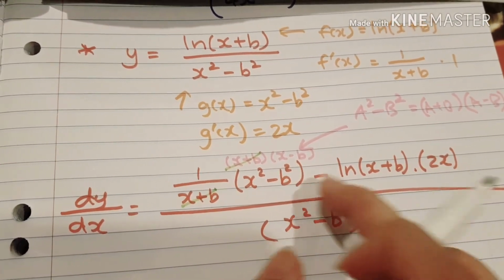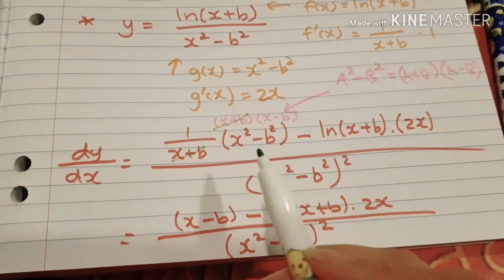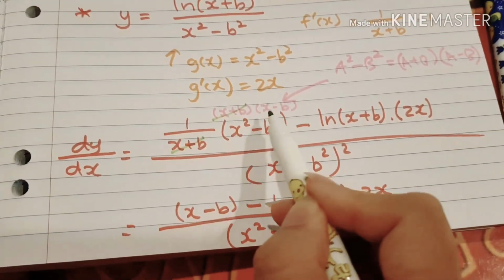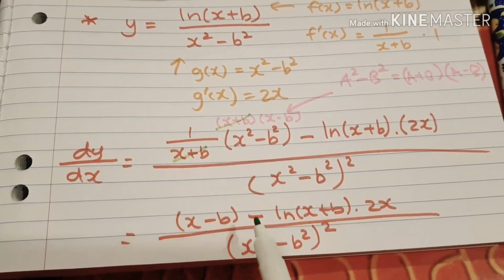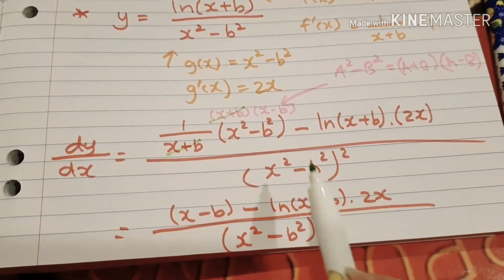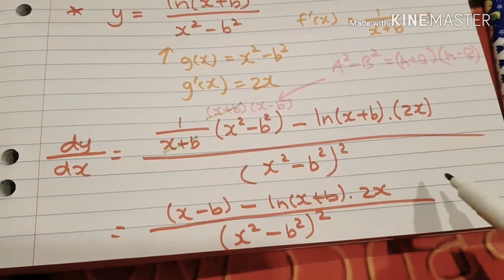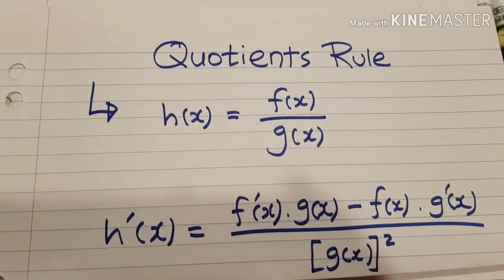So if I rewrite the answer, there you go, everything's the same, but that one over here, the entire one, I just let x minus b, because we cancelled out everything, minus followed by the same thing over that, okay? This one is your simplified version, okay?